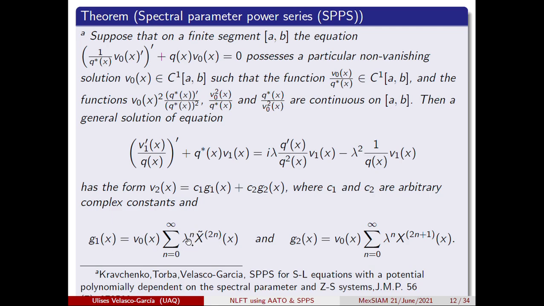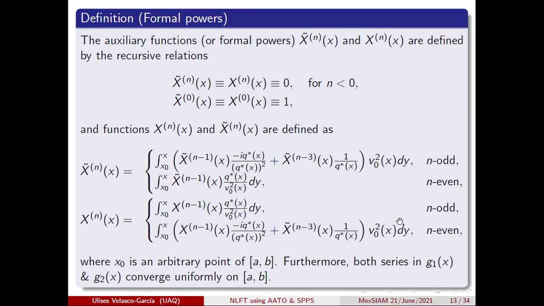Look, lambda is the spectral parameter, and we have these special functions X tilde and capital X, which are really easy to build. These functions are also called formal powers, X tilde and X, and are defined as follows. It is a recursive relation.